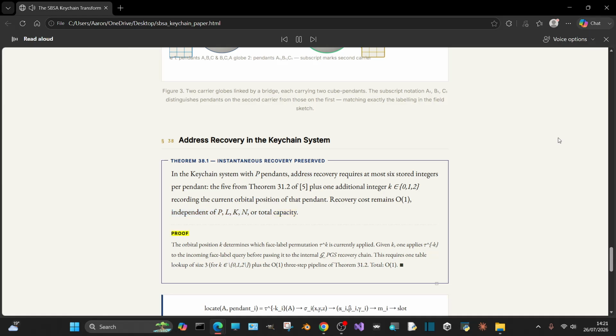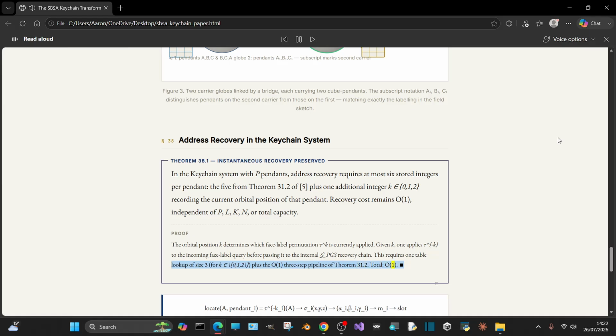Proof. The orbital position k determines which face label permutation, tau caret k, is currently applied. Given k, one applies tau caret k to the incoming face label query before passing it to the internal _PGS recovery chain. This requires one table lookup of size 3, k set membership symbol 0, 1, 2, plus the O(1), 3-step pipeline of Theorem 31.2.